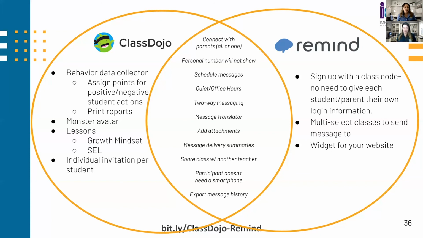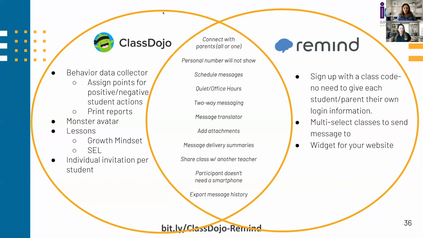Yes. So what separates Class Dojo from Remind is that it has that behavior management tool that allows you to assign positive and or negative points for student behaviors, and you can personalize those behaviors to be specific to what you want in your class or what your entire school is looking for.